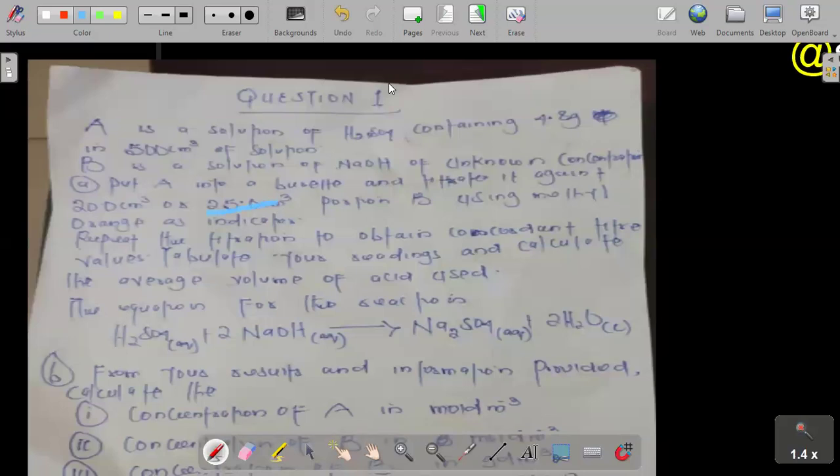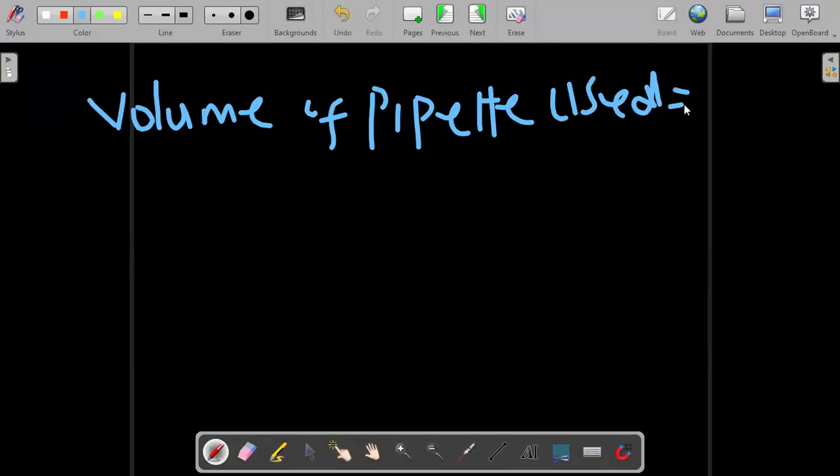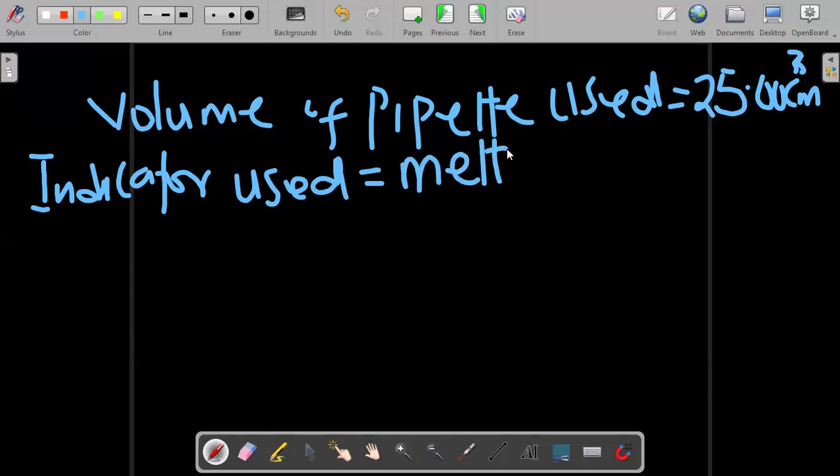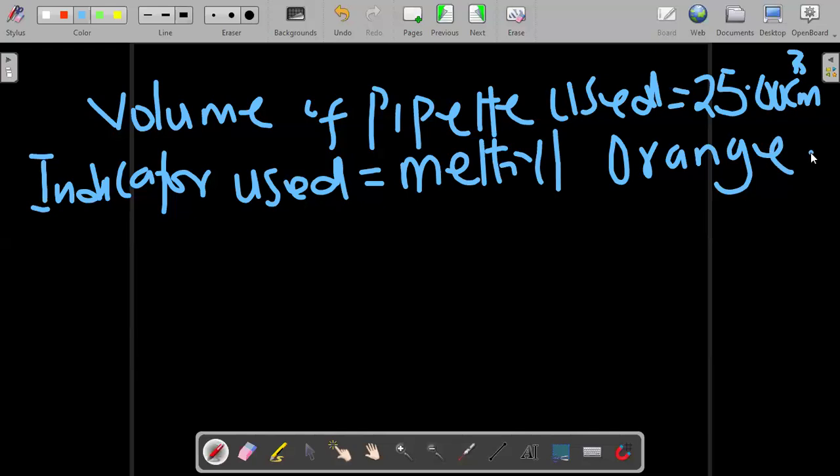So you write volume of pipette used equals 25.00 cm cube. You must put the units. You now write indicator used equals methyl orange. You must take these two expressions. They must be well stated.